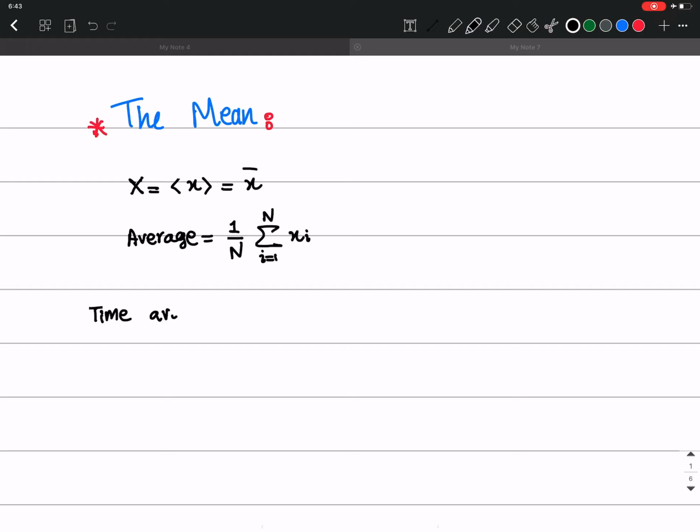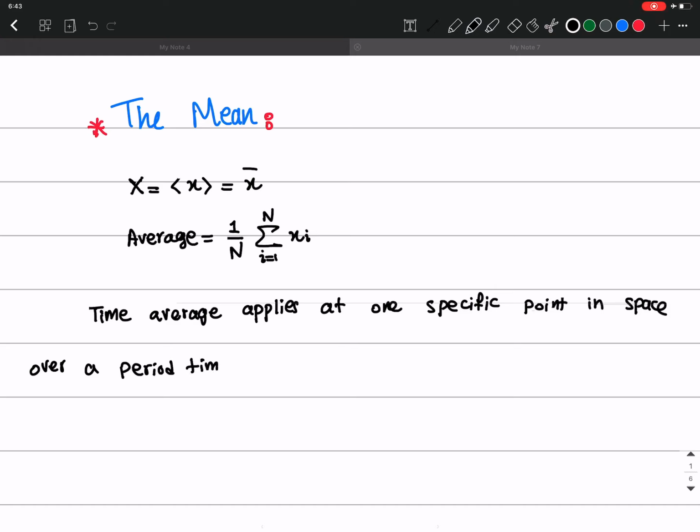So time averaging or time average applies at one specific point in space over a period of time.